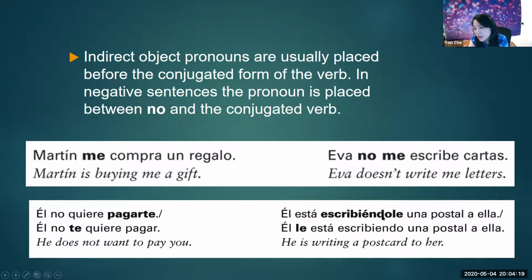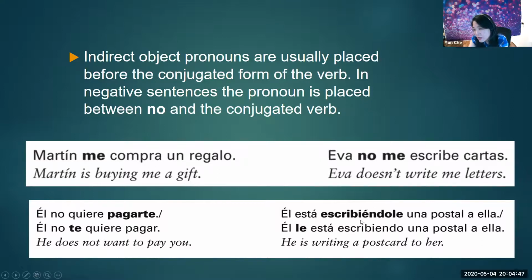And when you do that, don't forget to write an accent mark, okay, on the E, as you are adding an additional syllable right here. We are changing the pronunciation. The rule dictates that this should be the syllable that you stress and say escribiéndole, but that's not how we speak. We want to maintain the original pronunciation of escribiendo.